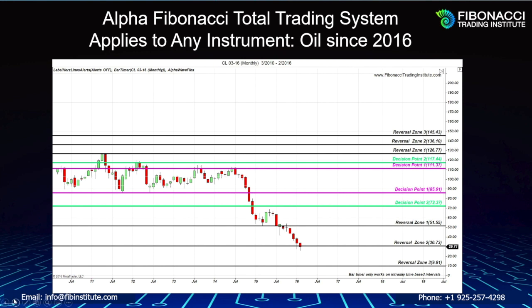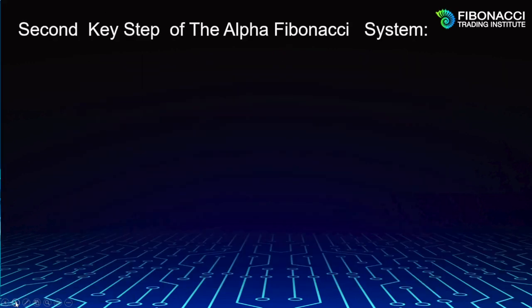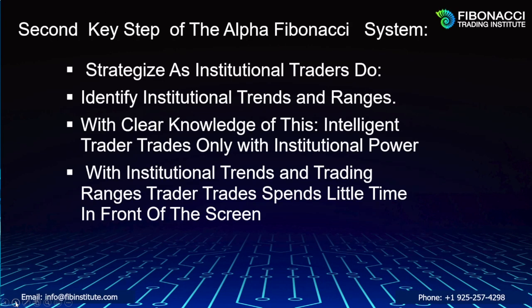Know your trading range. Know when it's spectacular versus impossible to trade. Second step, strategize as institutional traders do. Identify your institutional trends and ranges.